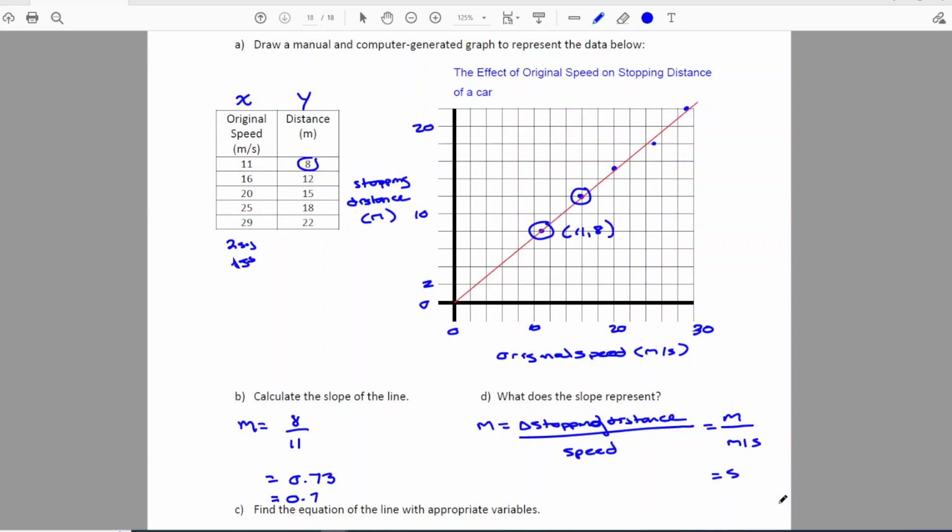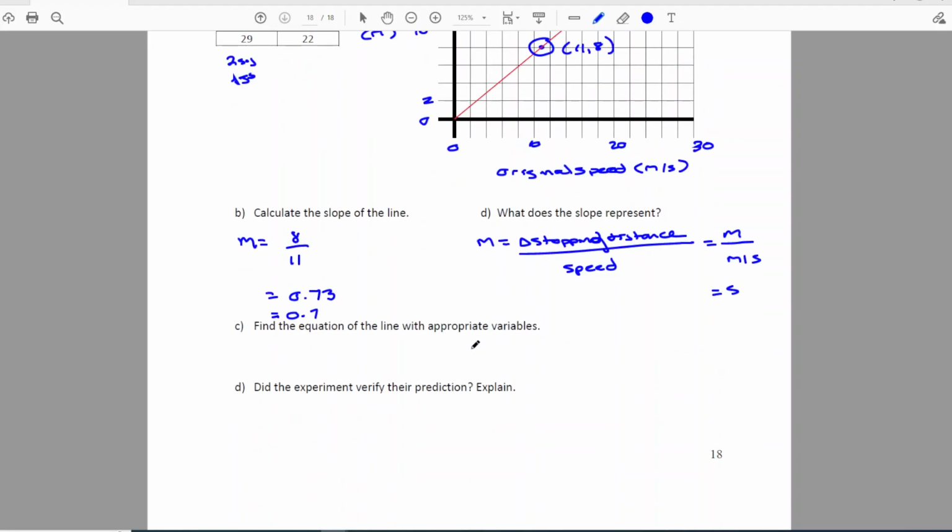The slope of this line is the time it takes to stop, but you're not expected to know that. So as long as you have something along the lines of the change in stopping distance over speed or meters per meter per second, I'm okay with that. If you're mathy and understand that the slope would represent the time it takes to stop, awesome. But you're not expected to at this level.